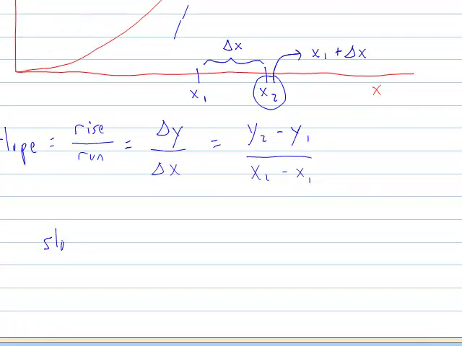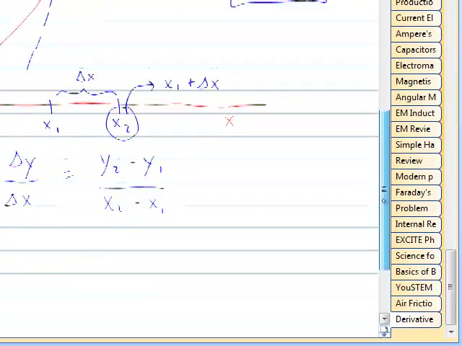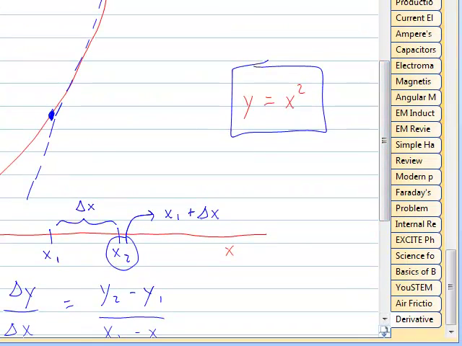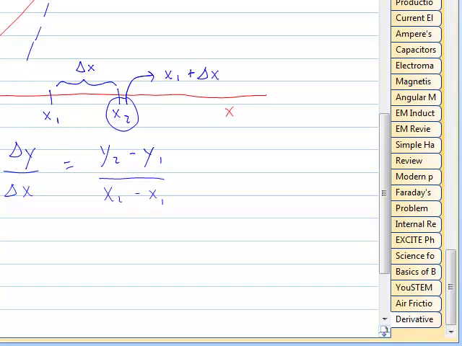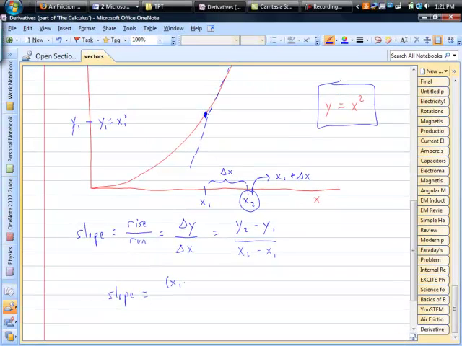So the slope between our 2 points that we just drew, okay, we have y2 minus y1. Well, looking back up on our picture, for y2, I'm going to use this quantity squared. It's our x value squared. So we have x1 plus delta x squared. y1 is just x1 squared.